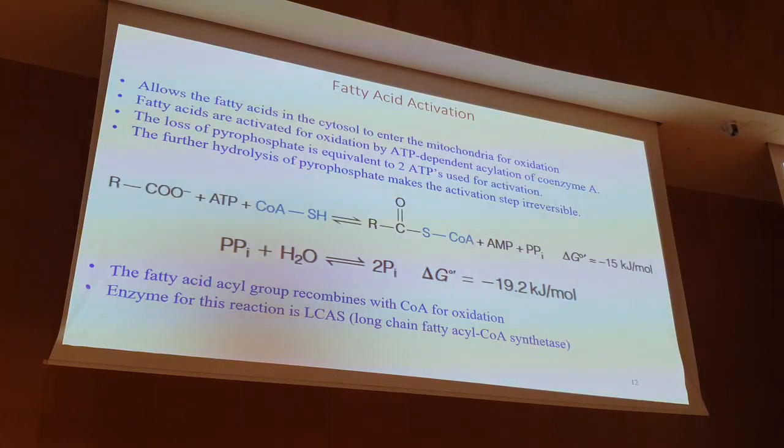Now, to prevent a reversal of the reaction, what happens in the cytoplasm is the remaining ADP is quickly hydrolyzed.